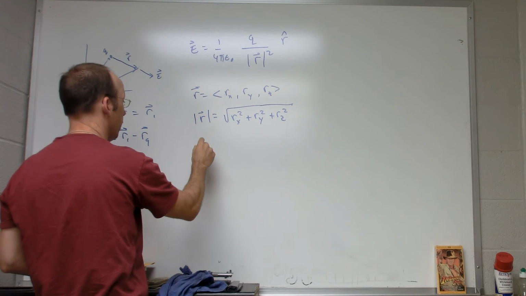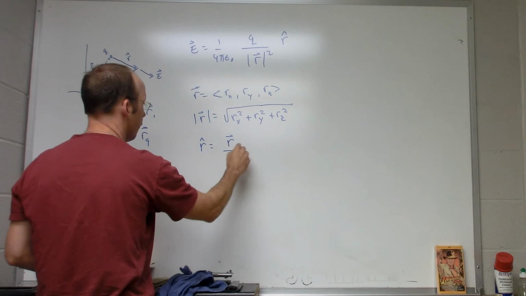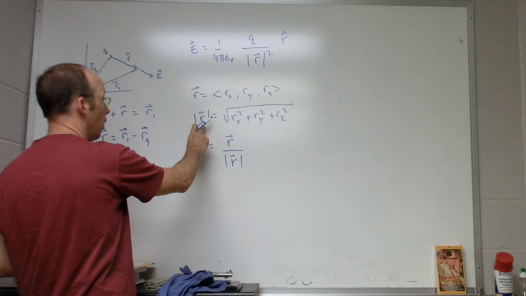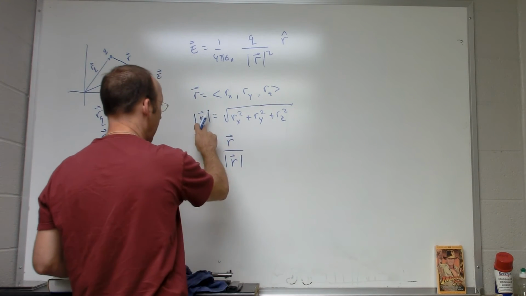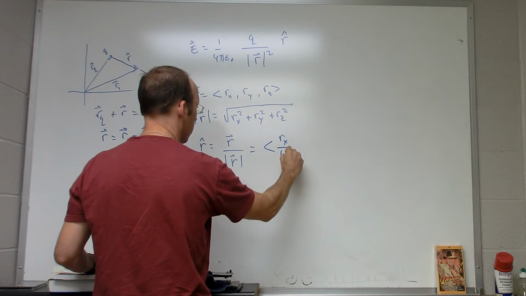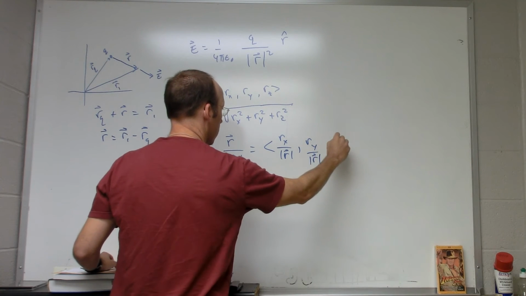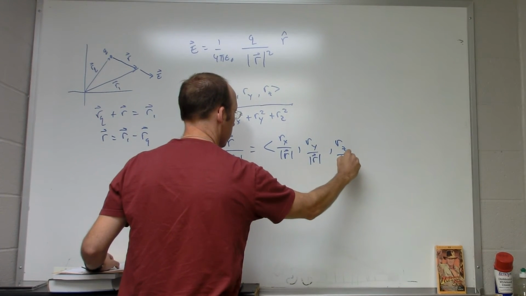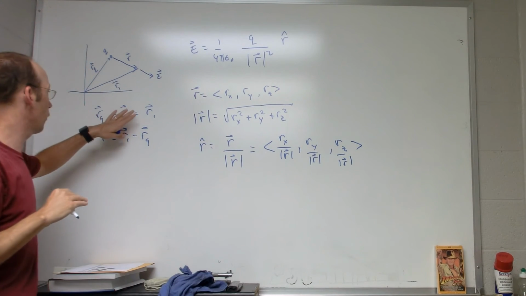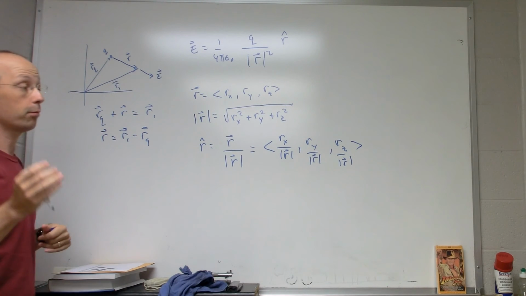R hat is defined as the vector R divided by the magnitude of R. I could write this in component form as Rx over R, Ry over R, Rz over R. It's just a value. I didn't go over the adding and subtracting of vectors here. I assume that you know how to do that from your previous physics class.